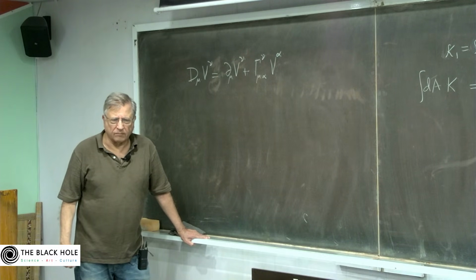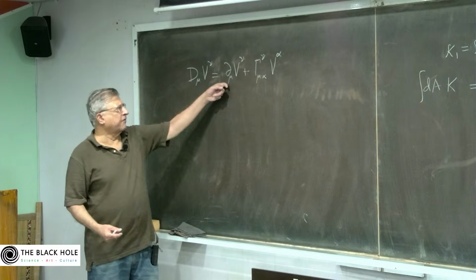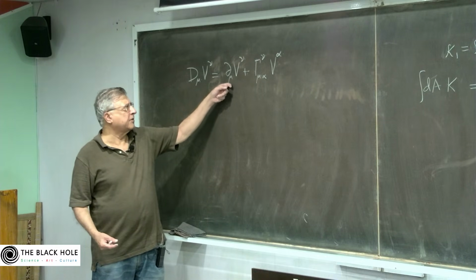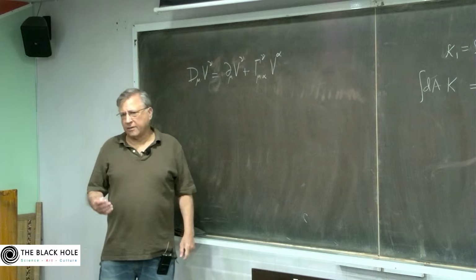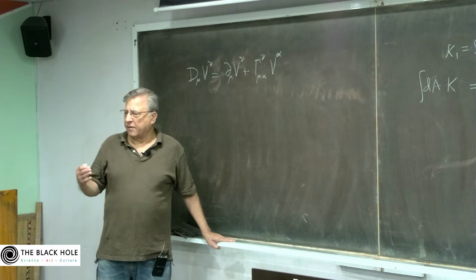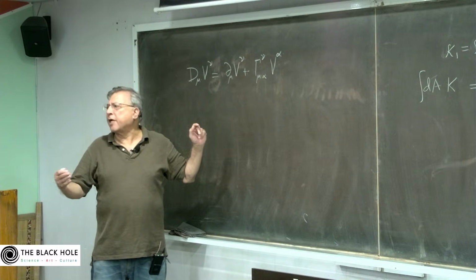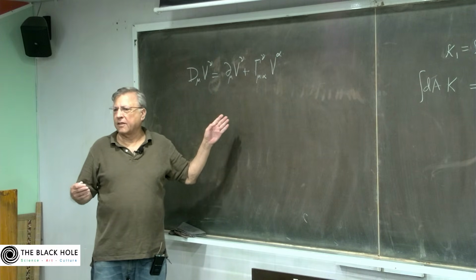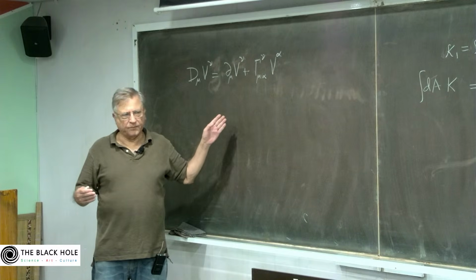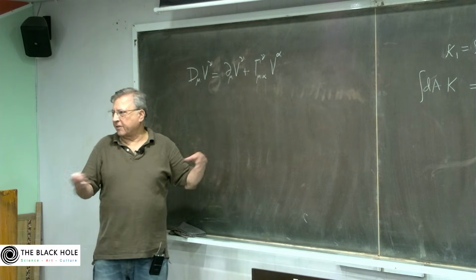Of course, it is clear what this means. You take the difference in the values of v between two neighboring points, and then divide by the distance between them.